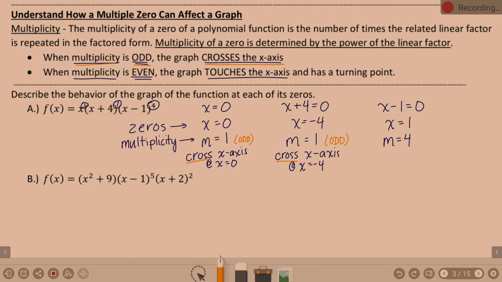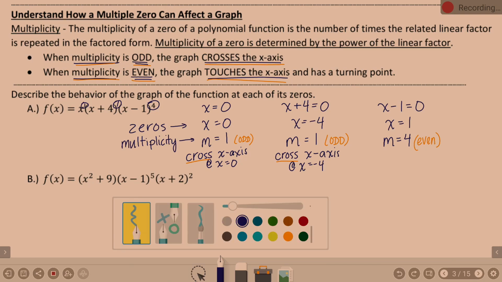And what do you know about the multiplicity of 4? 4 is even, yes? 4 is an even number. What does it say is going to happen when the multiplicity is even? Okay, it's going to touch the x-axis. So it's not actually going to cross through the x-axis here.